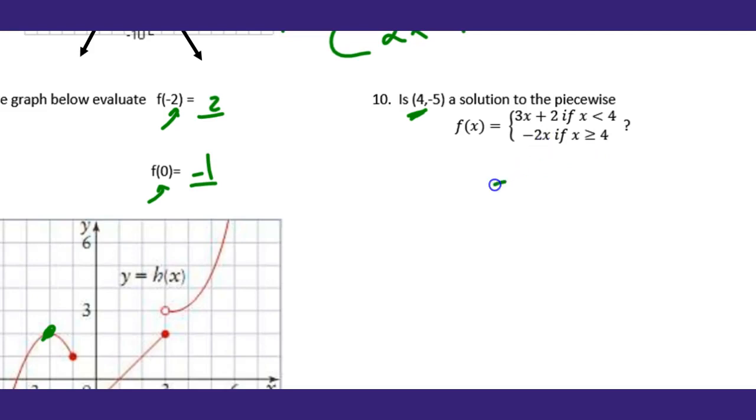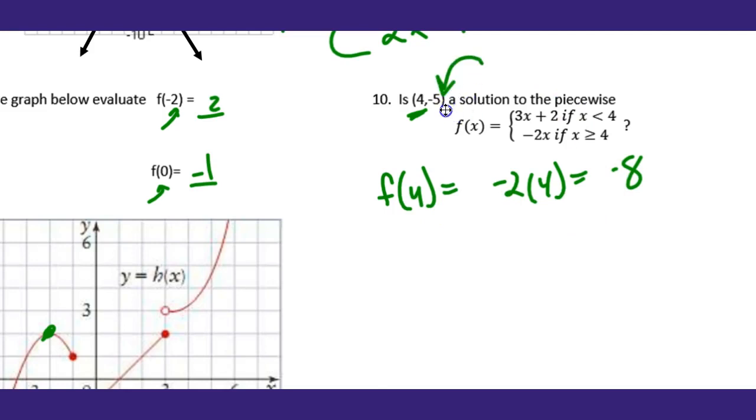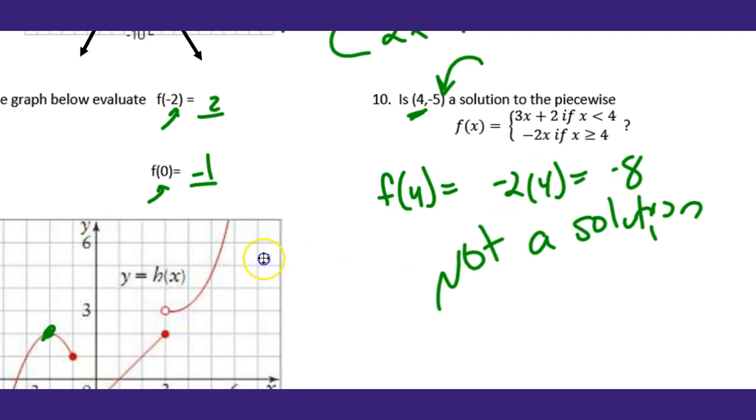Negative 2 times 4 equals negative 8. So f of 4 is negative 8. They wanted to see if we get negative 5, and we do not. This doesn't match up, so this is not a solution of that function, okay?